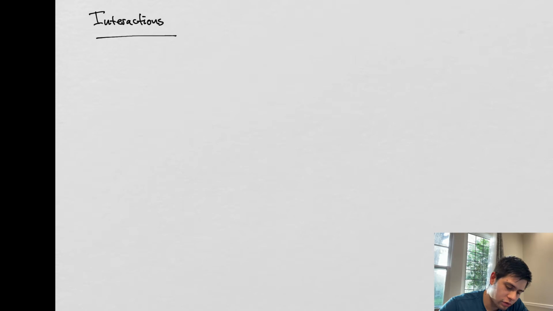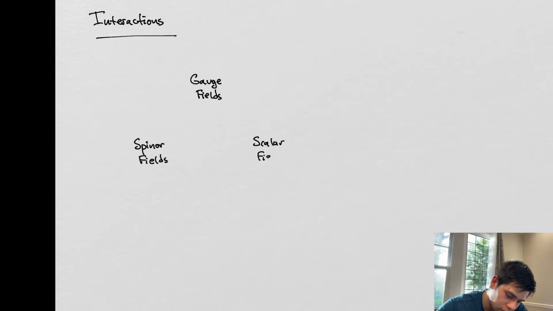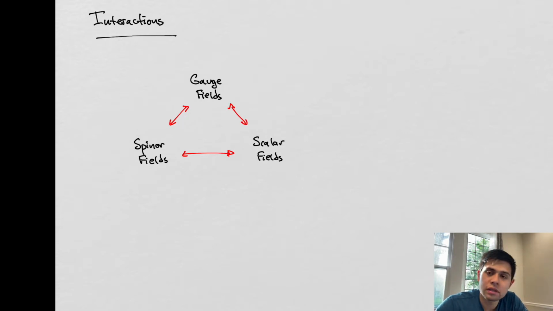So here's the brief little map of what we're going to cover. We've talked about gauge fields, we've talked about spinor fields, and we've talked about scalar fields. And we want to consider now the interactions between these.